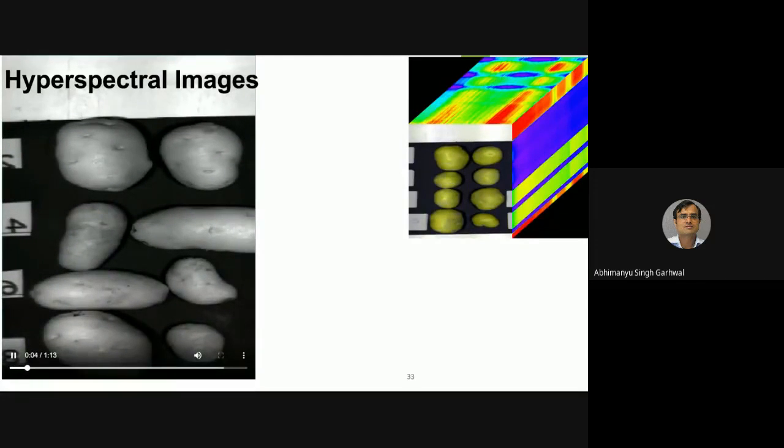So how many potatoes are diseased and how many potatoes are healthy? From these 8 potatoes, initially, I don't know which one is diseased, which one is healthy. We are just capturing the images. After that, we cut it down to check which is diseased or healthy, and then we kept a record of that. This potato number 5 is diseased, potato number 6 is healthy, potato number 7 is diseased.